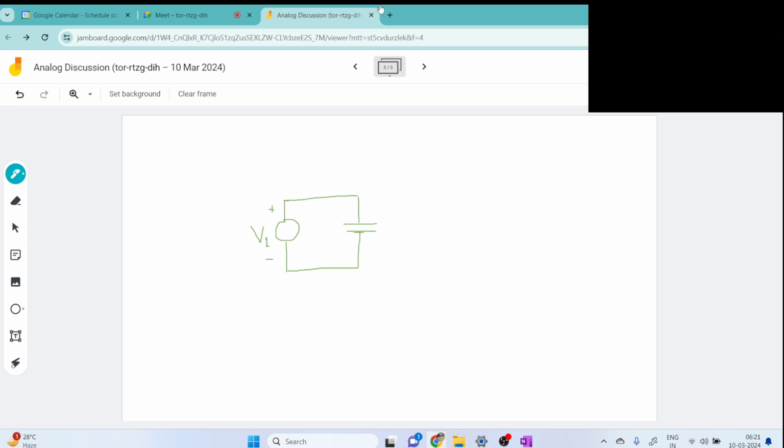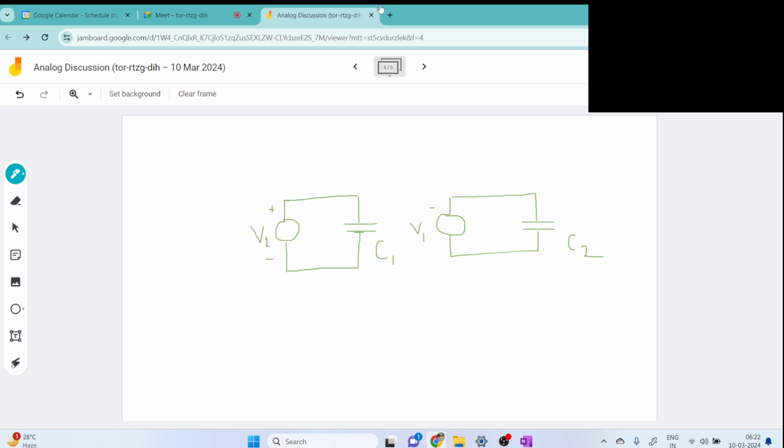And there is another case. In picture one, this capacitor is C1 and here is C2, also V1. Okay, I understand your thought.